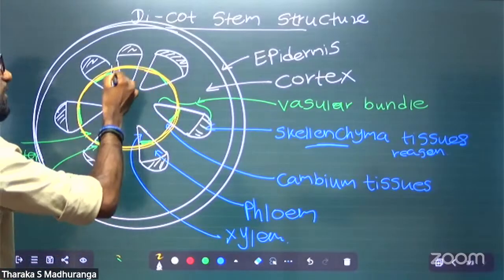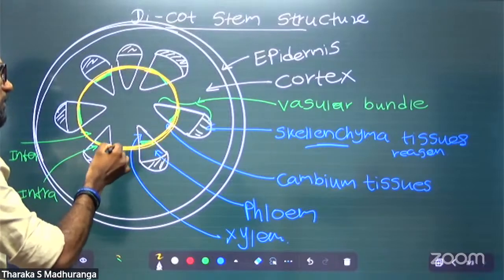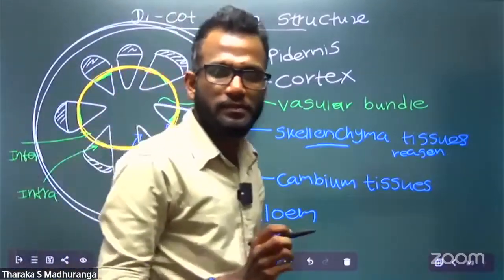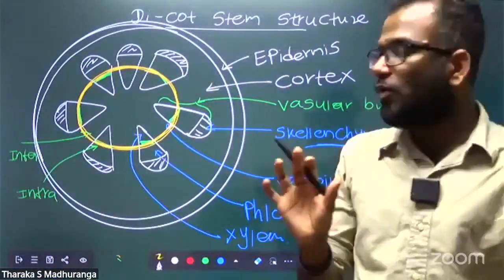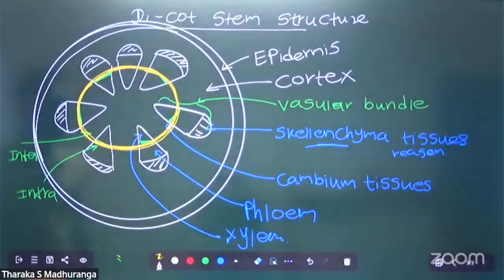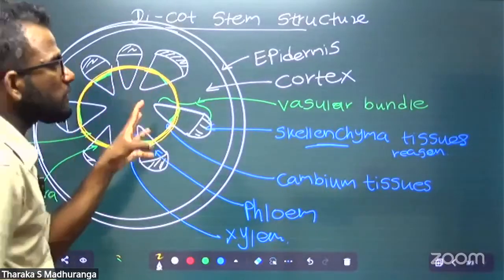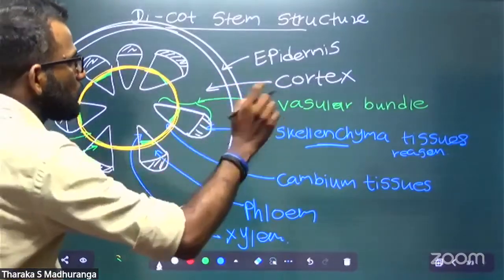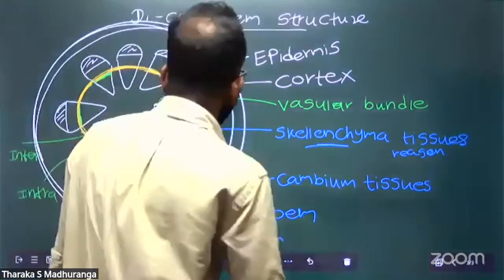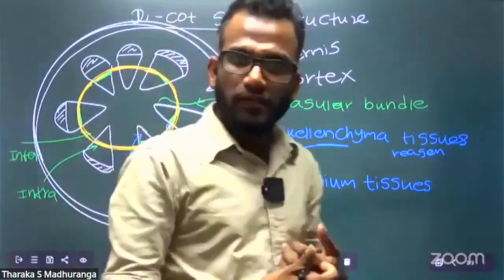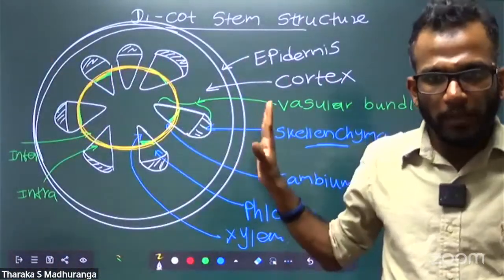What do we call that? This ring is called the vascular cambium. Okay, for better understanding, let's draw again the secondary growth of the plant stem.